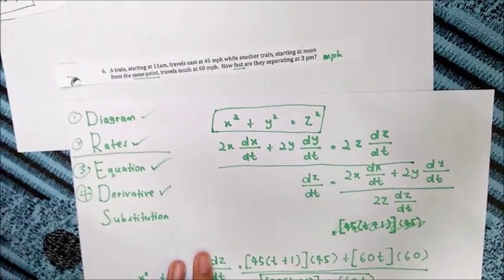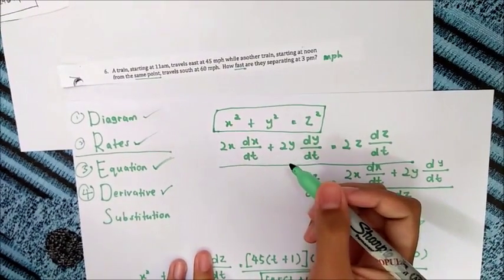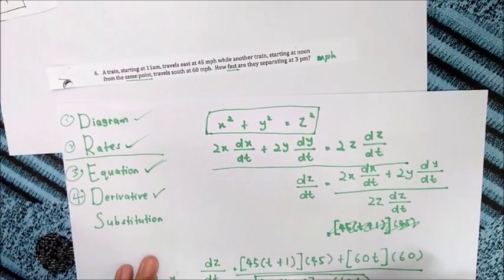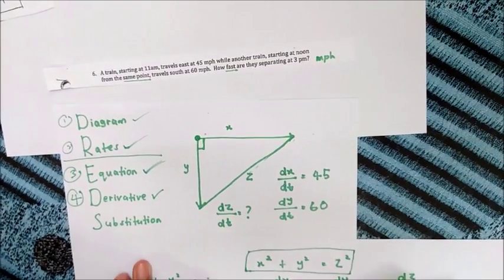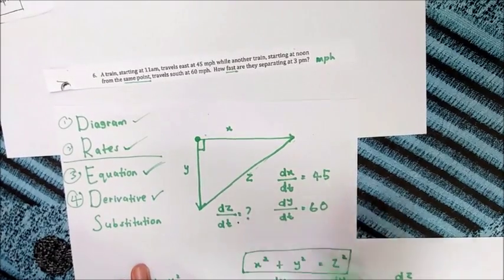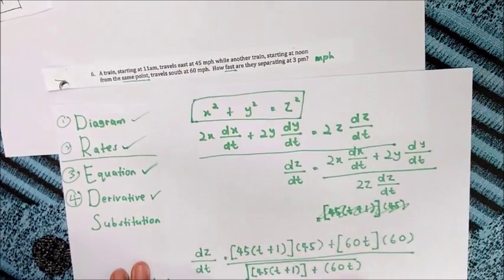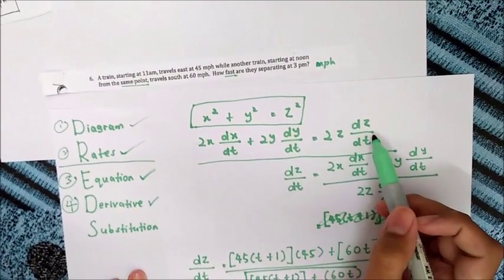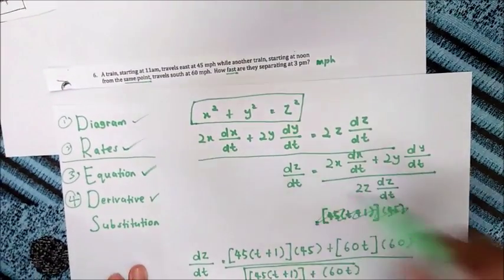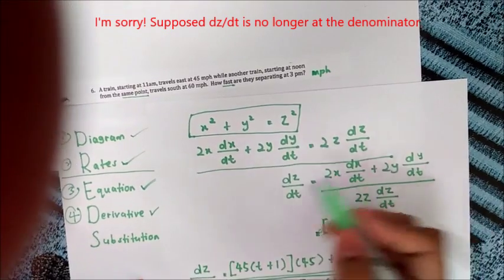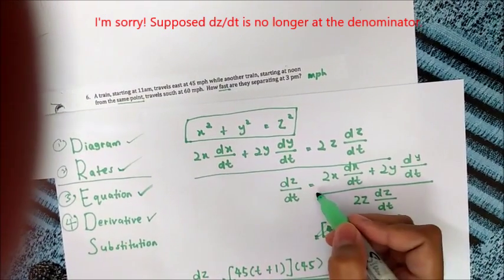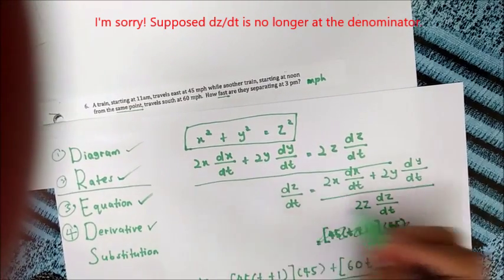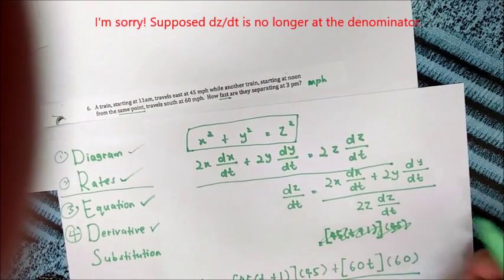At this moment, you must know basically how to differentiate this equation. So, since the question is that we must find dz over dt, let's rearrange this equation and put dz over dt on the outside. So we have dz over dt is equal to 2x dx over dt plus 2y dy over dt over 2z.